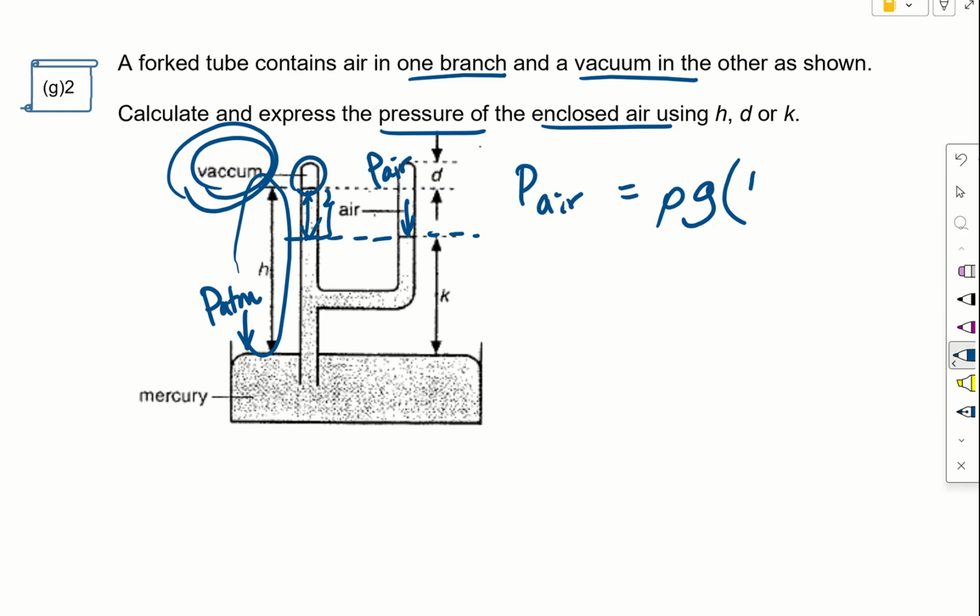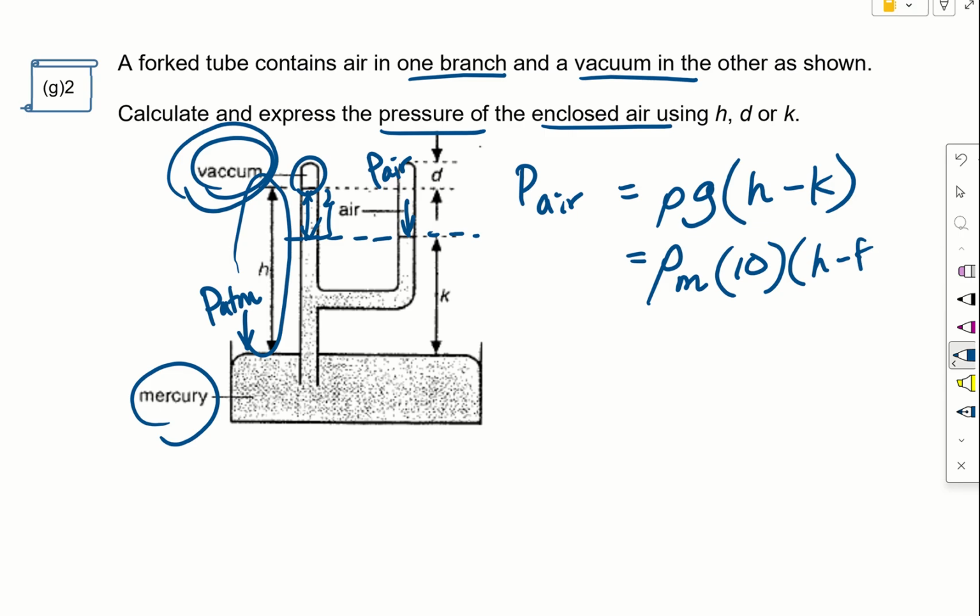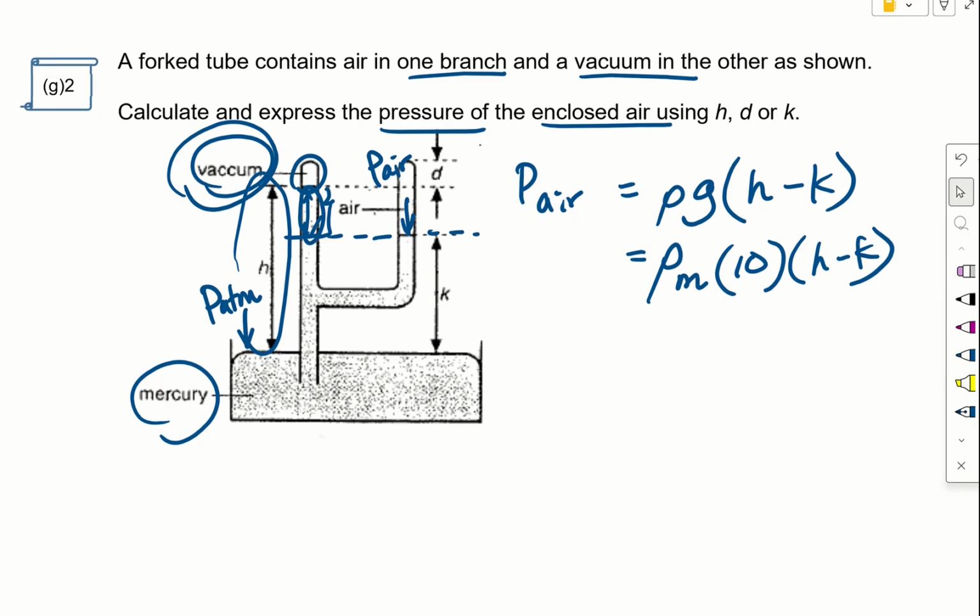So it will be H minus K. If I am given the density of mercury or the liquid, did they say it's mercury? No. Oh, they say that it's mercury. If I'm given the density of mercury, I can substitute in, but in this case, no. Then I have my g to be 10, and this is the height of the liquid above the level that we chose. So this will be our answer for the pressure due to the enclosed air.